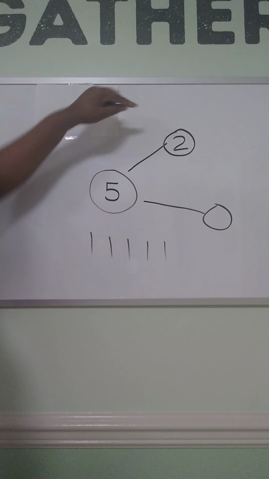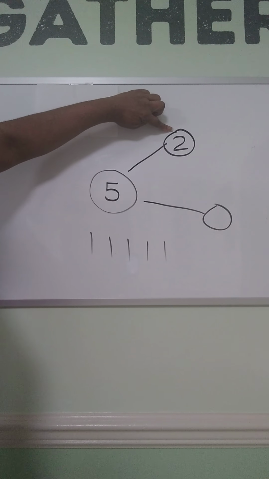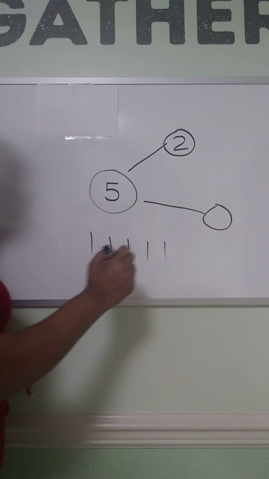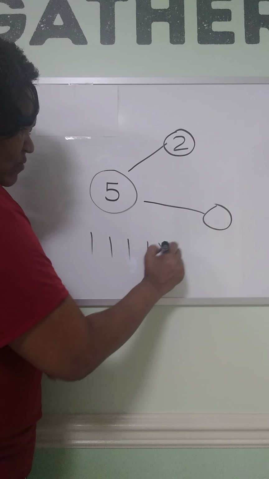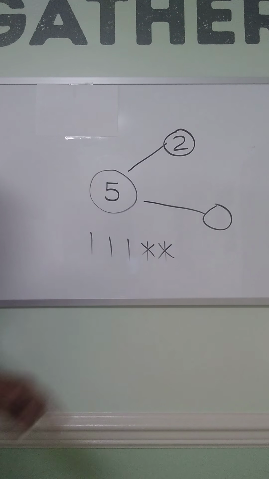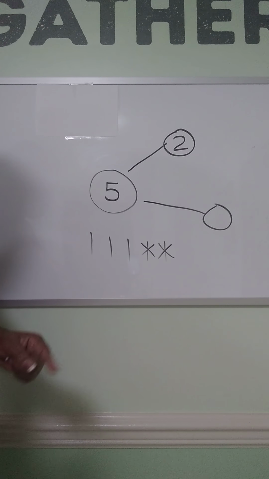Now, it tells me in the very top circle to take away 2. That means to get rid of 2. I'm going to X out 2. 1, 2. I X'd out 2 circles.